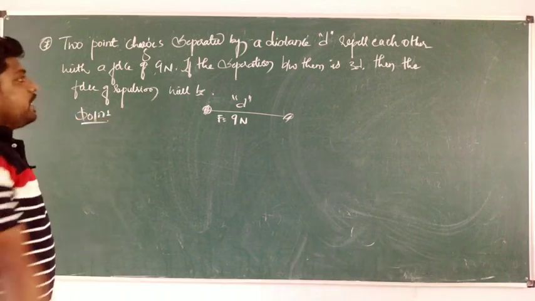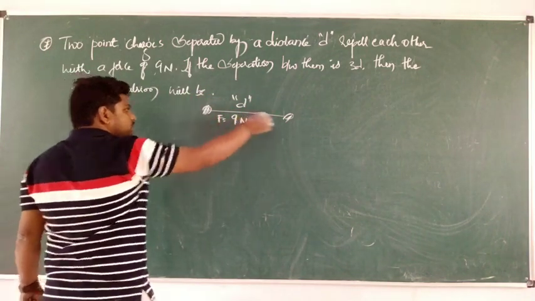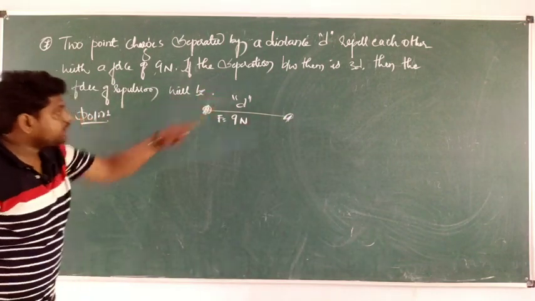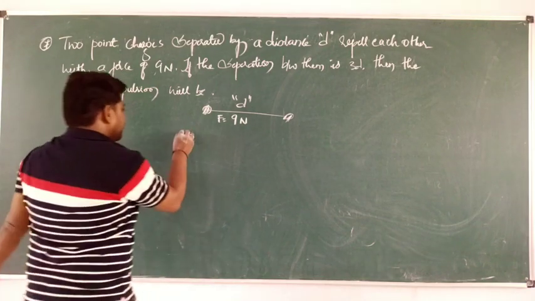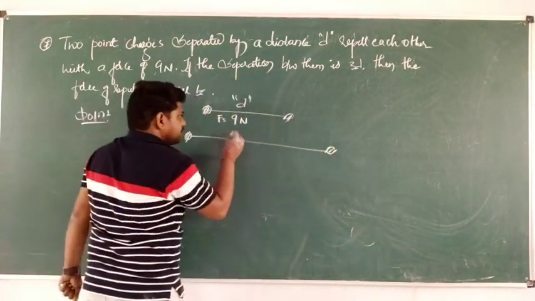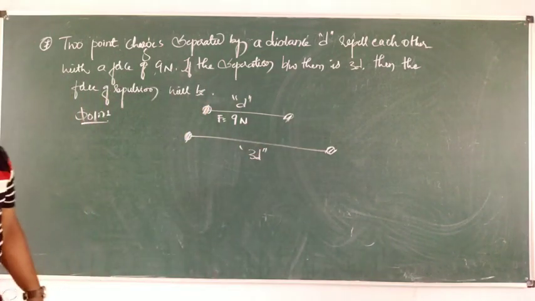If the separation between them changes from d to 3d, what is going to happen here? The distance is increased from d to 3d.